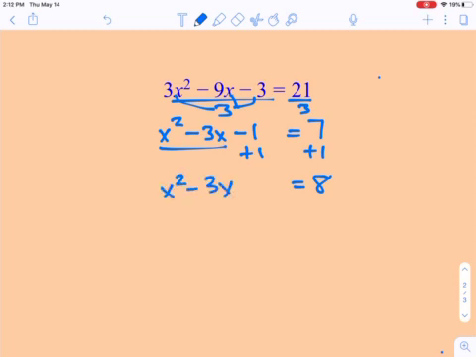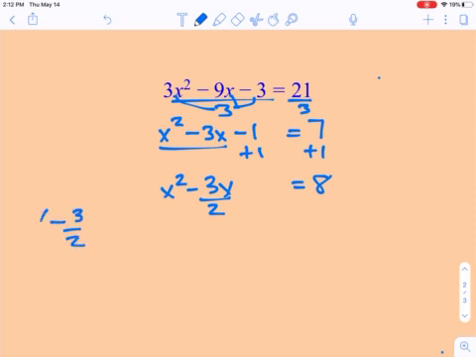And now the next thing we do is you always divide this term by 2, and then you square it. All right? So if I divide negative 3 halves by 2, what happens is it stays negative 3 halves.